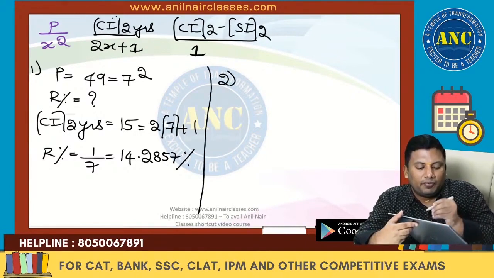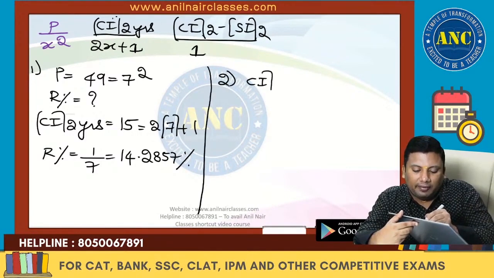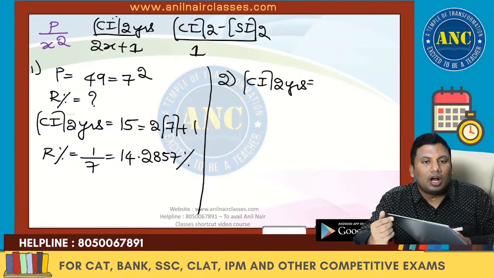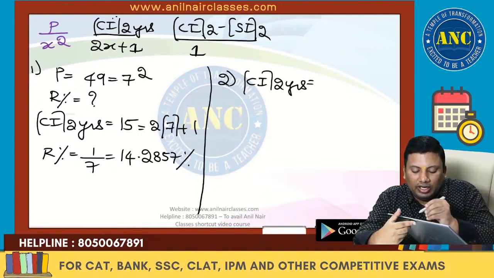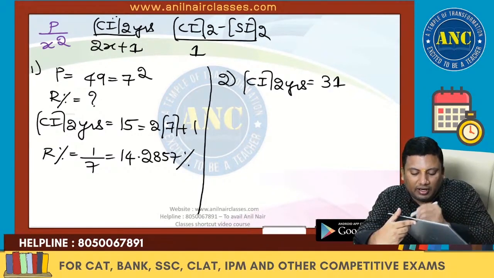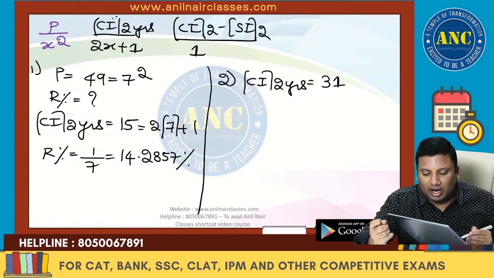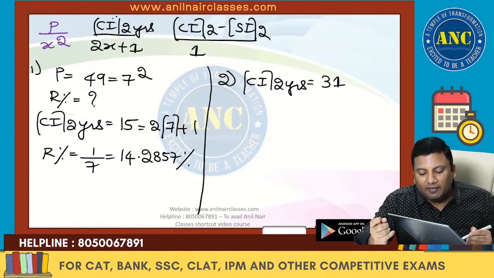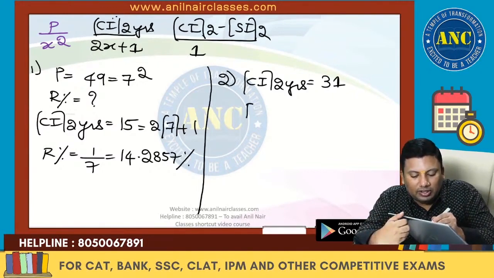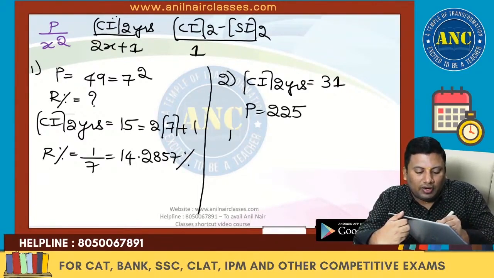Second one, compound interest for 2 years is nothing but 31. Right? Compound interest is given as 31. Principal is given as 225.